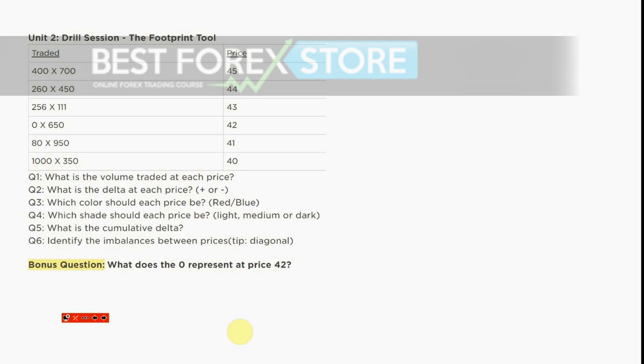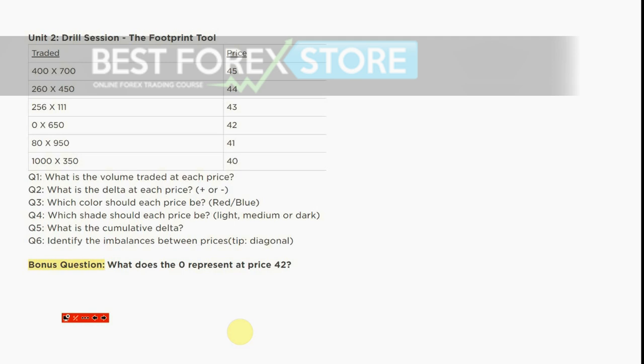It's going to test that you actually understand what you're seeing in that footprint tool. If it is simple, great. That means you understand the basics of the tool. Brilliant, move on to Unit 3. If, however, you're still struggling a little bit trying to understand the tool, then this will be a perfect drill session. So straight into it.